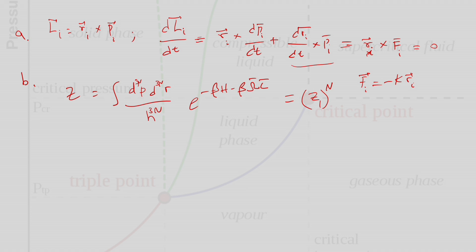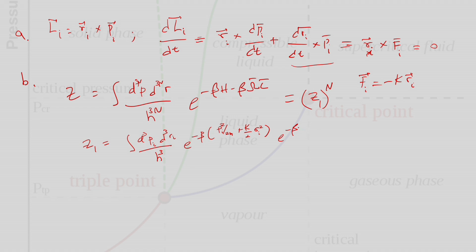So, the question is, how do you calculate the partition function for one of the particles? That is going to be the integral of d cubed pi d cubed ri over h cubed times e raised to minus beta times (pi squared by 2m plus k by 2 ri squared) times e raised to beta omega Liz.